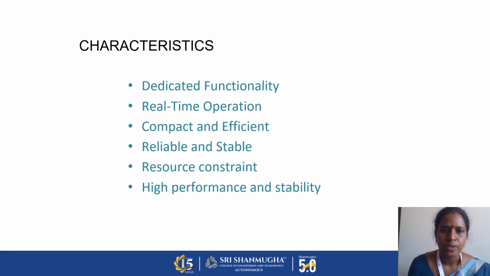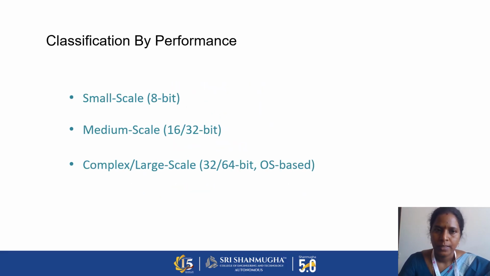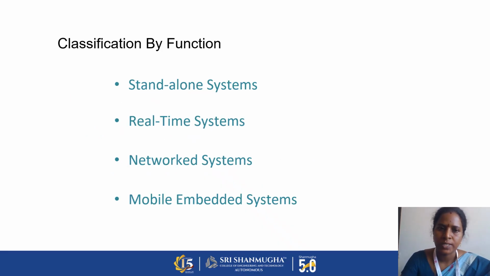Some specific characteristics of the embedded system are dedicated functionality, real-time operation, compact and efficient, reliable and stable, resource constrained, and high performance and stability. The classification depends upon the performance and can be classified into three categories: small scale, medium scale and large scale, depending upon the bit utilization.